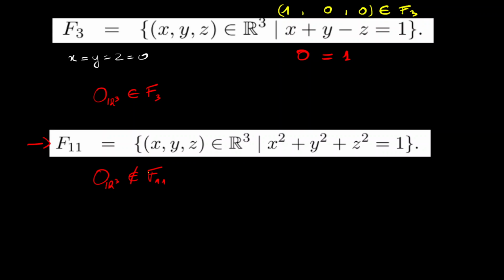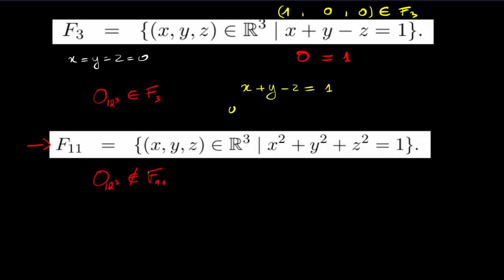To prove this, let's take any vector satisfying this equation. If we multiply this vector by 0, I get this, which is not equal to 1. Then, for any vector u, the scalar multiplication by 0 is not in our set F3.